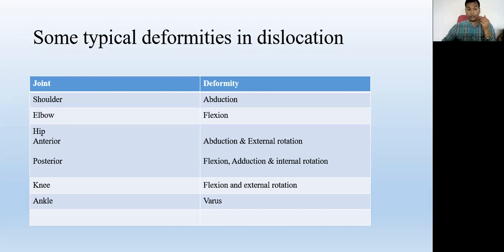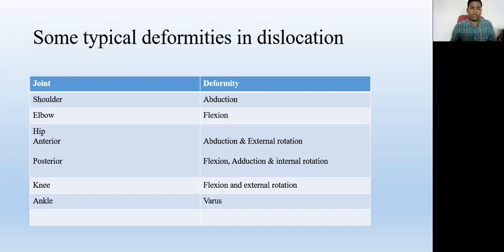Similarly, if any person has a dislocated elbow, then he or she always flexes the elbow. Flexion deformities happen in dislocation of the elbow.